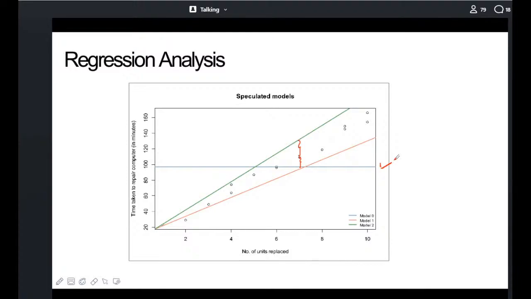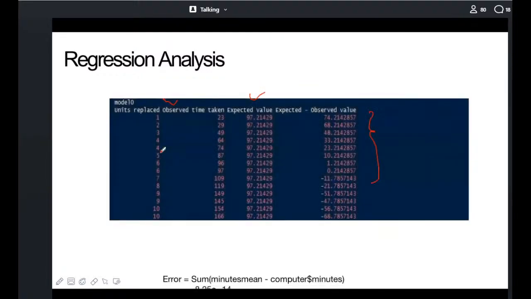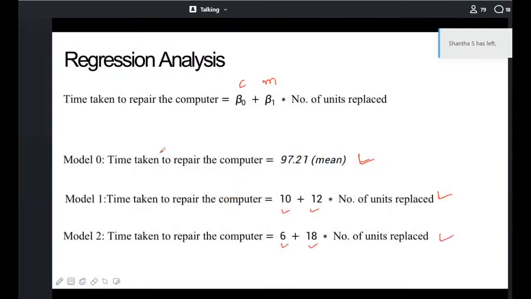So we try to represent it by a line, to get closer to a place where my data will be represented by a particular line. So randomly I took two lines, where C was 10 and M was 12 for one, and similarly for the other. Then one by one, I fed the number of units being replaced.